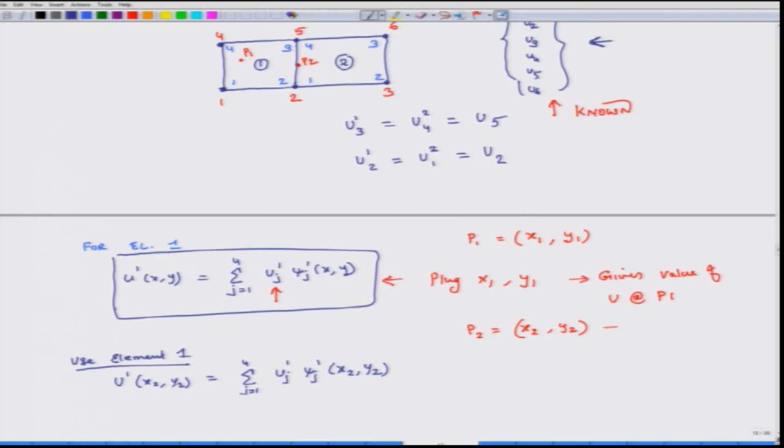So, I will get some value at point P2, because this point P2 is in element 2 as well as in element 1. I can also get u2 at x2, y2, which is the sum over j equal to 1 to 4 of uj for element 2 times psi j for element 2 at x2, y2.